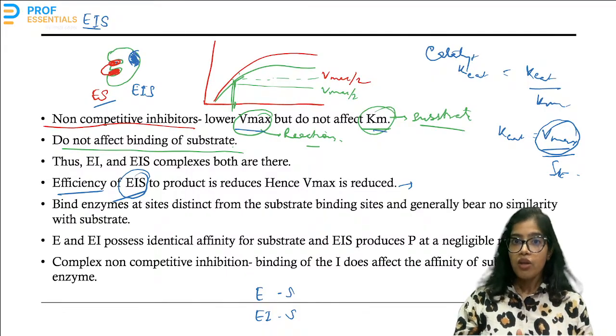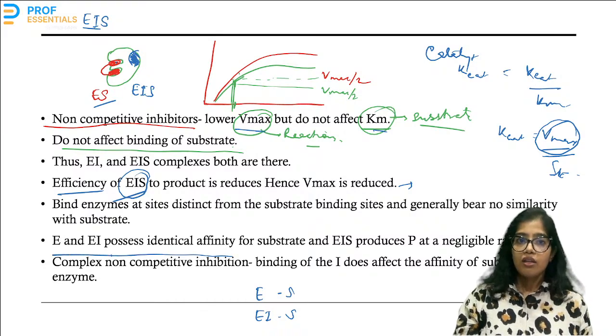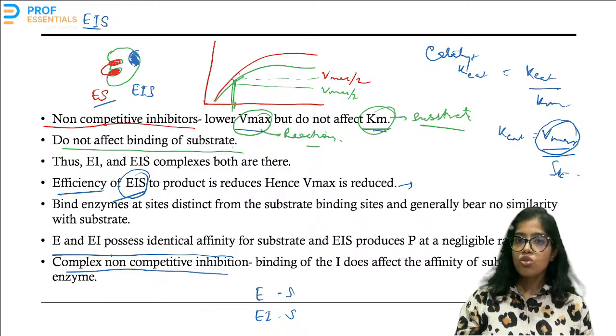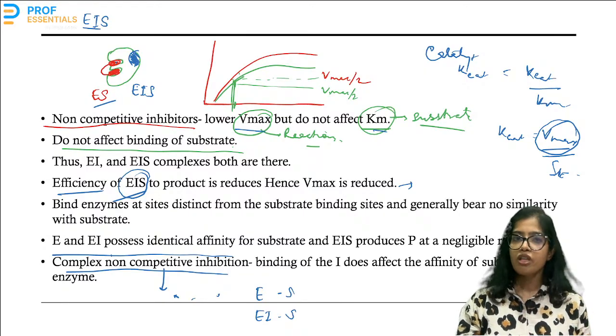Very important. Now there is something called complex non-competitive inhibition, where these inhibitors also affect the affinity of the enzyme for the substrate. So here it has properties of competitive as well as non-competitive inhibition, but we're not going to discuss much of it. We just want to differentiate between simple non-competitive inhibition and competitive inhibition.